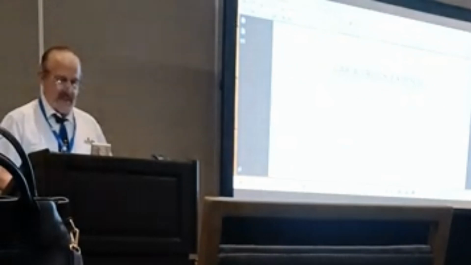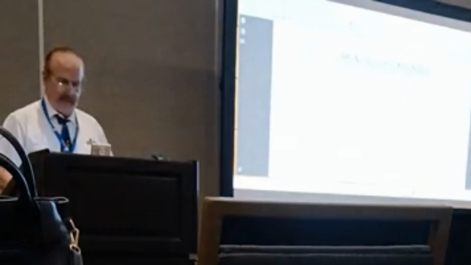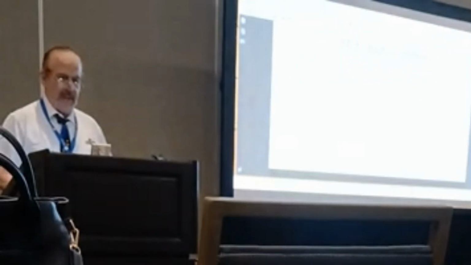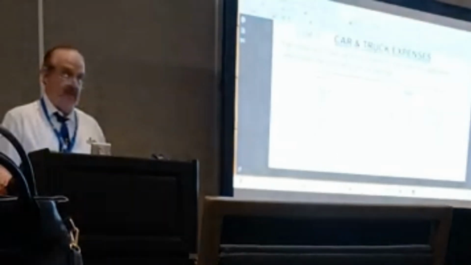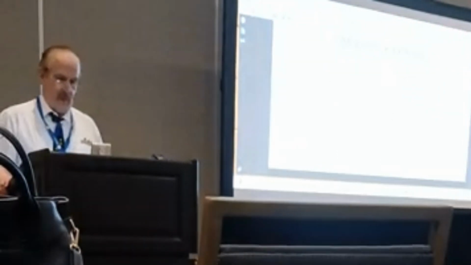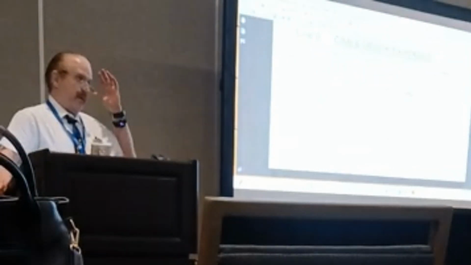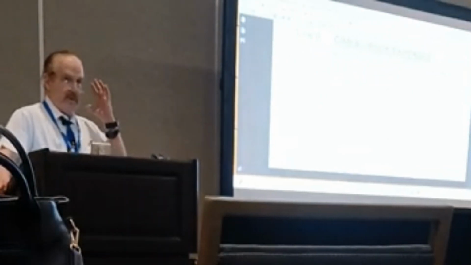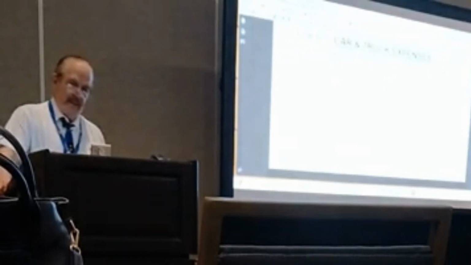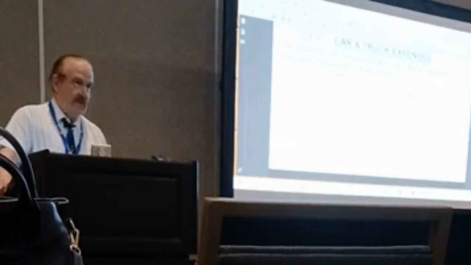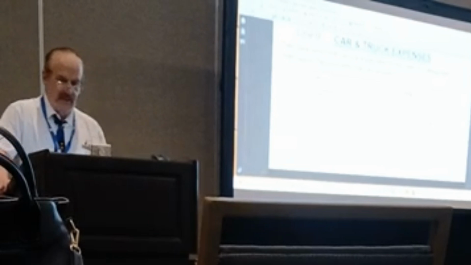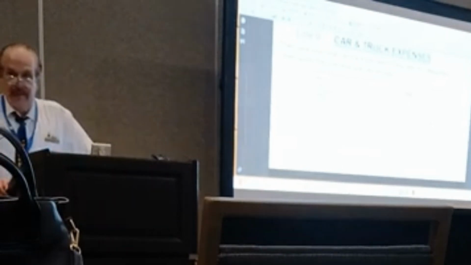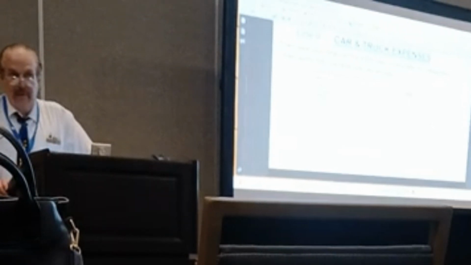Then that's the mileage method. What's the total expense? Then we go to the actual method, and the way this method works, it's kind of a spreadsheet where in the left column, how much did you pay for gas, how much did you pay for repairs, oil, maintenance, insurance, and then you multiply it times your business use percent, 46% in this case, and then you bring the business section off to the right column.